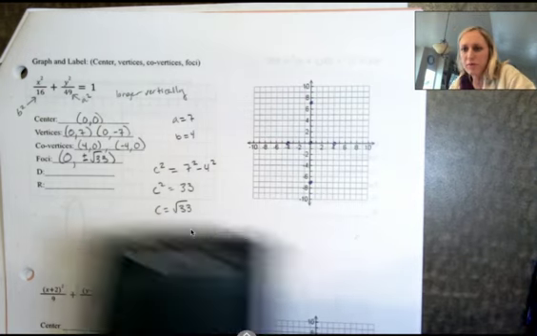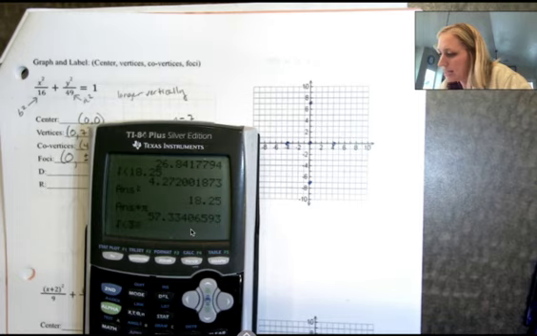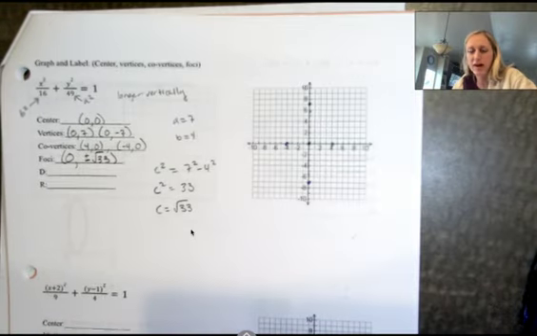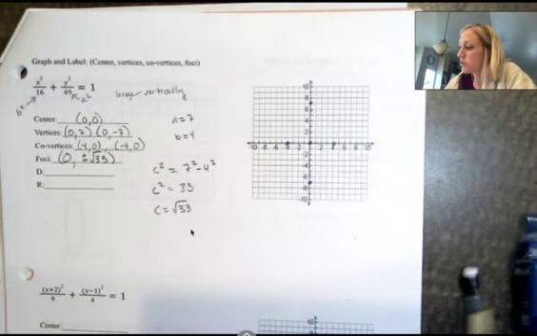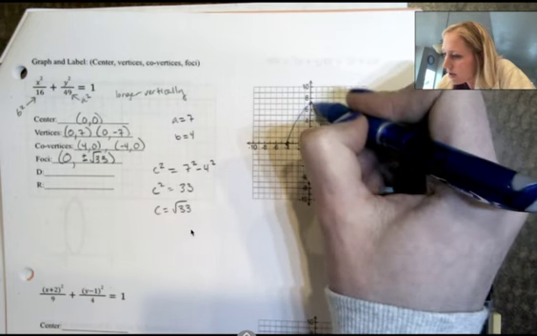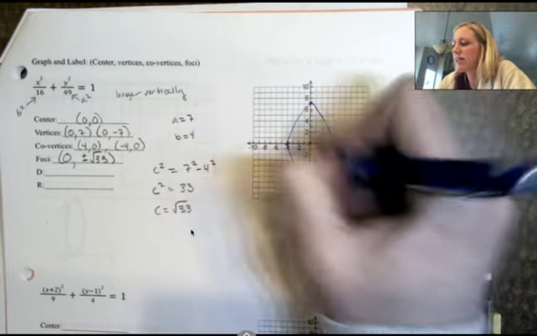If you want to graph them, you don't have to graph the foci, you guys, because usually it's not a nice value. But if we were to estimate square root of 33, 5.7, my foci is like right in here. You don't have to graph those, okay? And then we're just going to connect our ellipse. And you guys, you don't have to add labels to your graph.